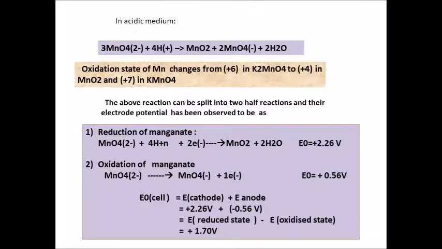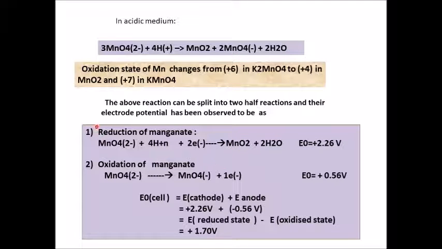Consider the reaction of MnO4 2 minus, the manganate ion, in acidic medium giving MnO2 and permanganate. The oxidation state of Mn changes from +6 in the manganate, K2MnO4, to +4 in MnO2 and +7 in KMnO4.